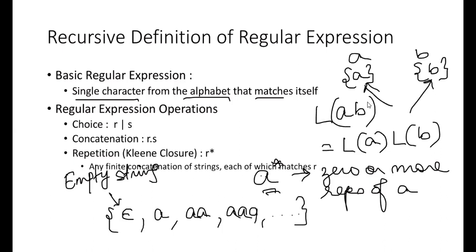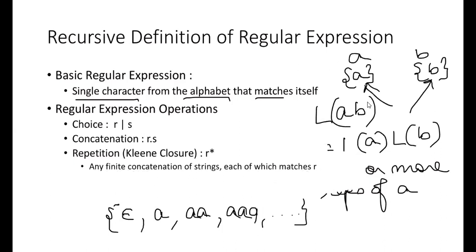So it says, any finite concatenation of strings, each of which matches R. So any finite number of strings, concatenation of strings. So here I have 0 concatenation, here I have 1, here I have 2, here I have 3, and so on. So this is your Kleene closure.